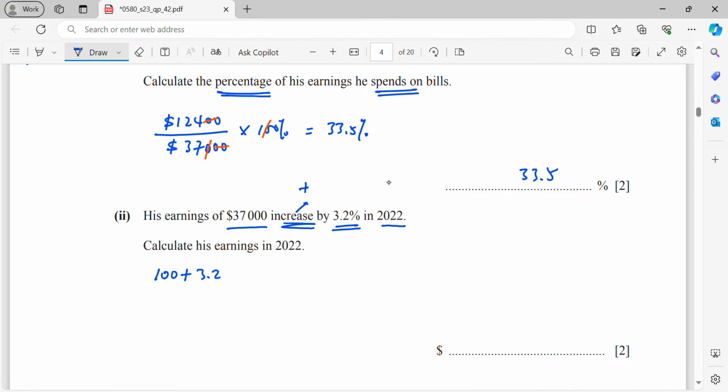So then over 100, because it's percentage, so must over 100. Then now you times with the original earning. Okay, then you will be getting the answer of 38184. Okay, then now that is your exact value.